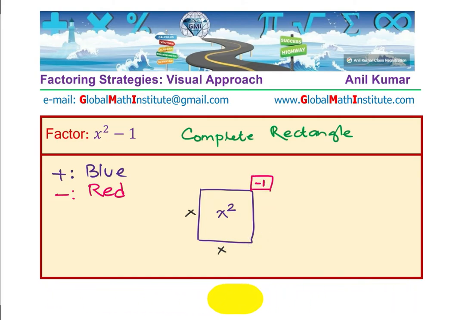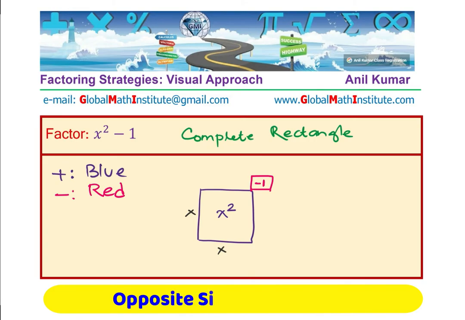But if we add, we should add one positive and one negative tile, correct? So basically, we have to add a tile here and we have to add a tile here. In that case, we make a rectangle. However, adding randomly any tile will change the equation. So what should we add and how should we add?